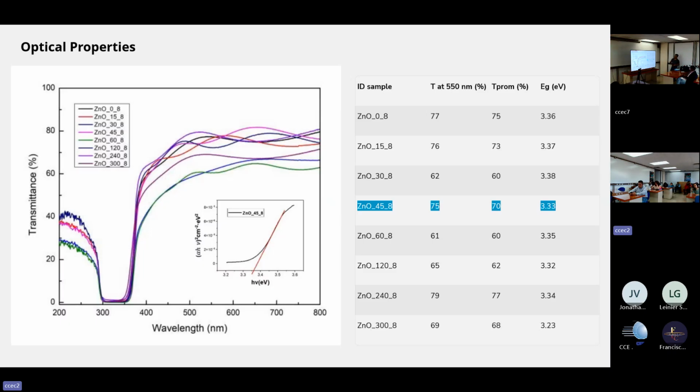The optical band gap, calculated using the Tauc method, ranges between 3.23 and 3.38 electron volts, showing a slight blue shift in the intermediate samples associated with lower defects, and red shifts at lower and larger times due to disordered structure.